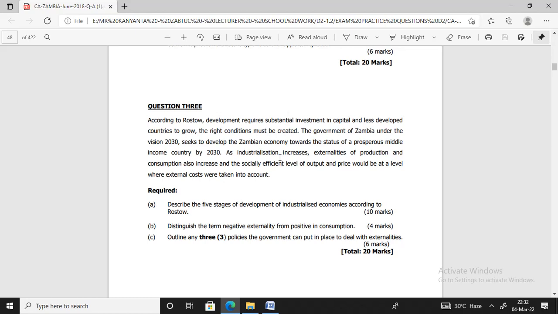And these pollution permits are tradable in the sense that firms that can minimize or reduce pollution are able to sell the pollution permits to other firms that cannot minimize pollution.